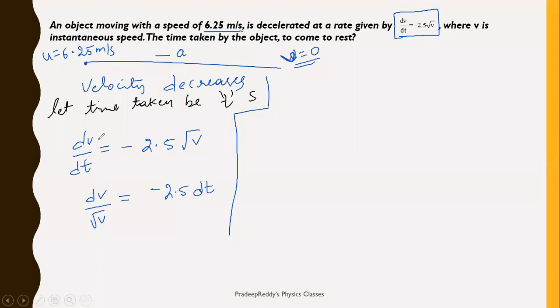Because the dv term is on the left side, I want to bring all the velocity terms to the left side. On the right side there is root v, which is velocity, and I'm bringing that to the other side. And on the right side, I want to bring all the time terms, so dt I am bringing to the other side. Now, in order to find out the time taken, just integrate the above expression.